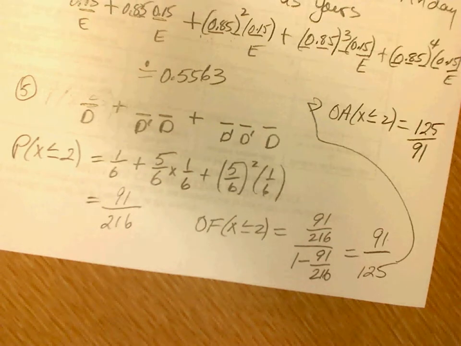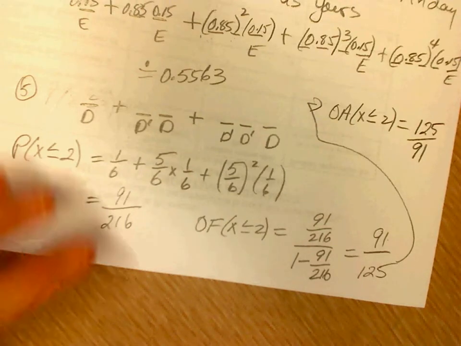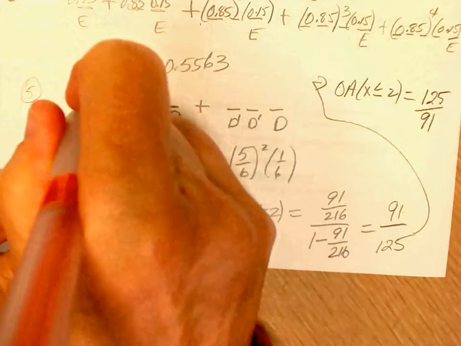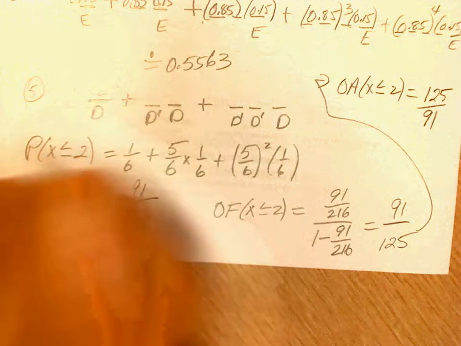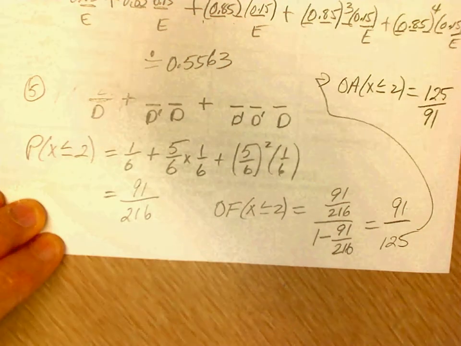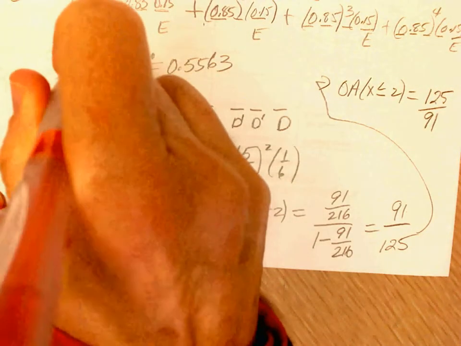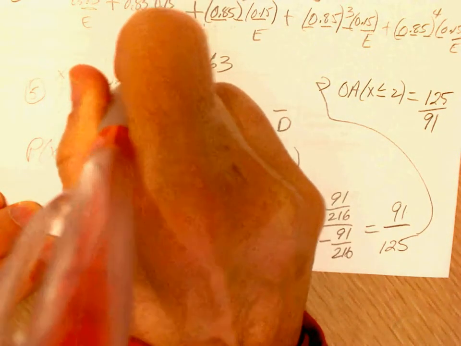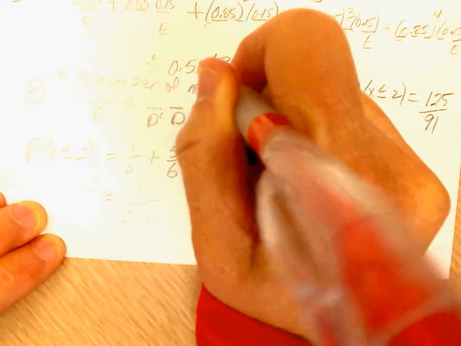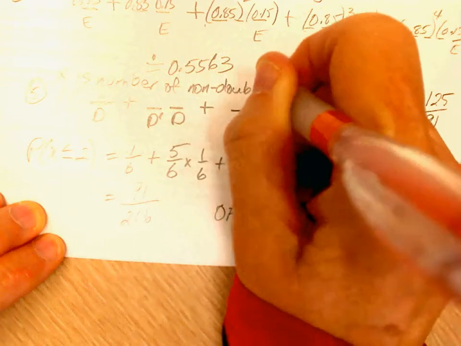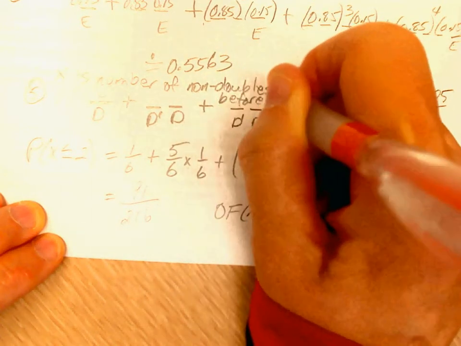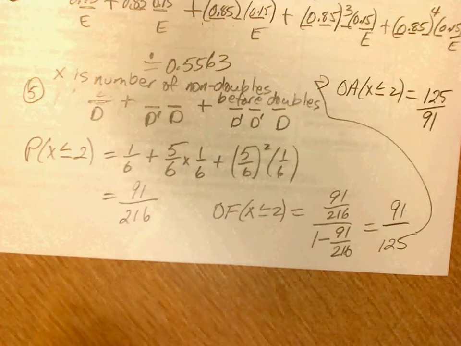Was there anything else in the homework that I could go over? And this is where x is the number of non-doubles before a double occurs, right? X is the number of non-doubles, for lack of a better word, before doubles are rolled.